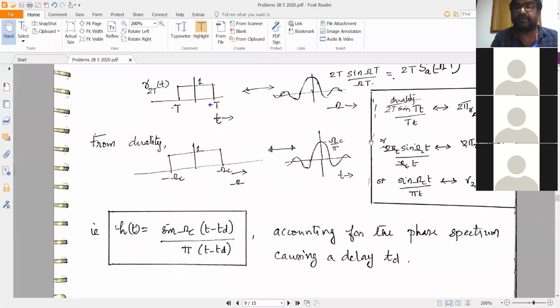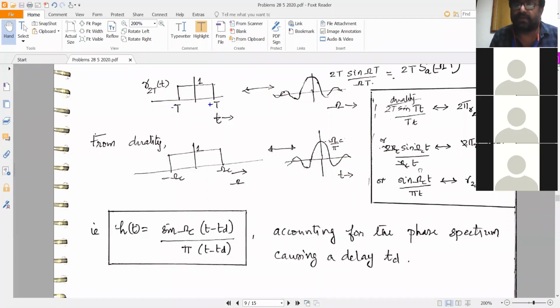So we'll cancel the similar terms on both sides, first by replacing capital T by omega c, because now this is a rectangular function with the width equal to 2 omega c. So this is 2 omega c sine omega c t by omega c t, which has a Fourier transform given by 2 pi R of 2 omega c, of omega.